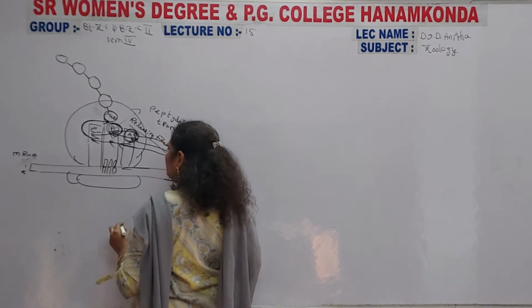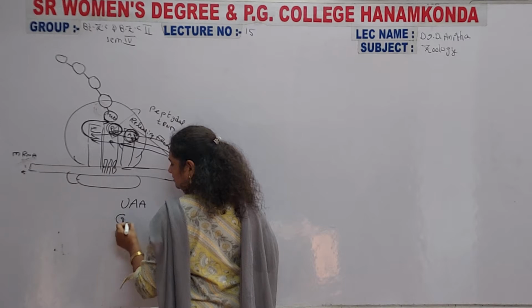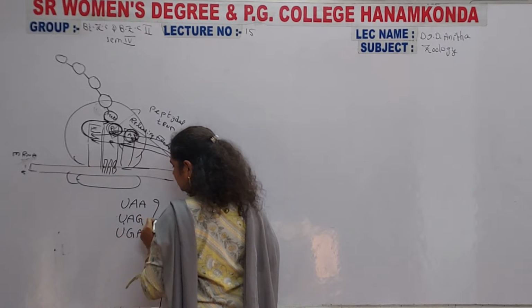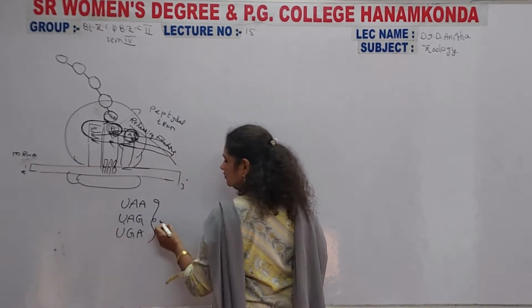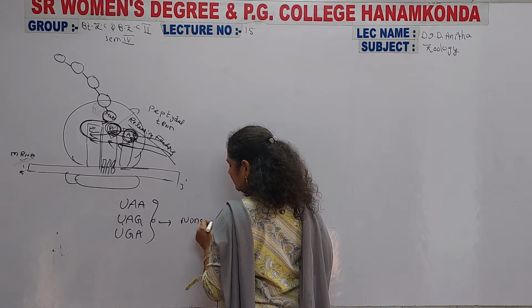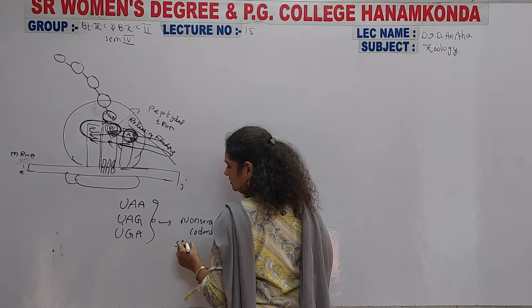At the end there are stop codons: UAA, UAG and UGA. These three codons do not code any amino acid, and are considered nonsense codons and also stop codons.